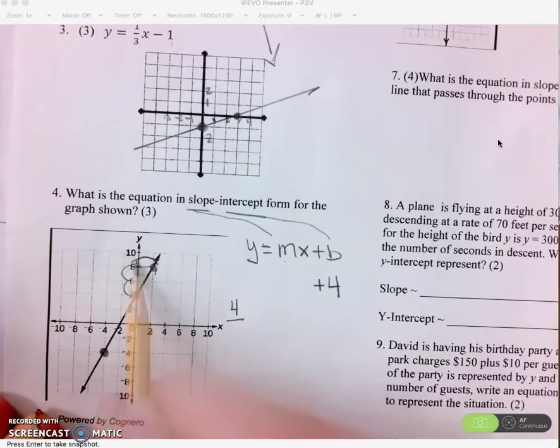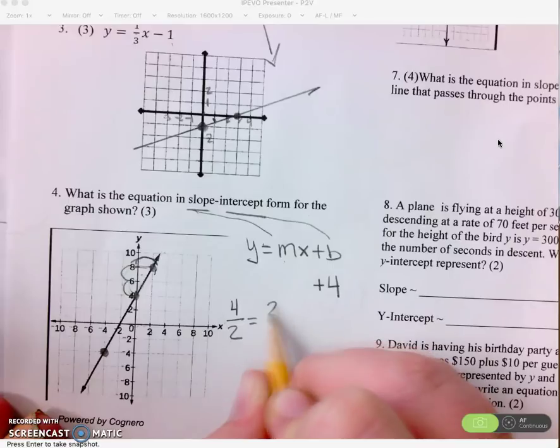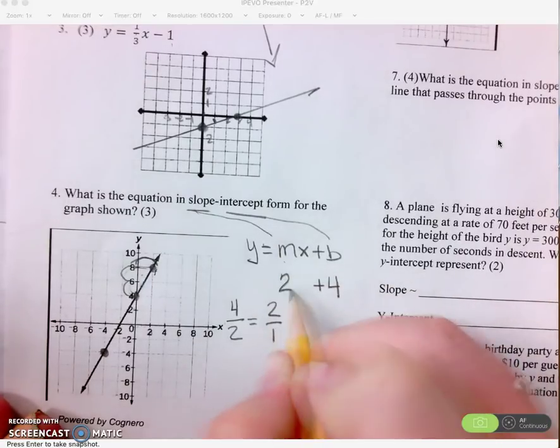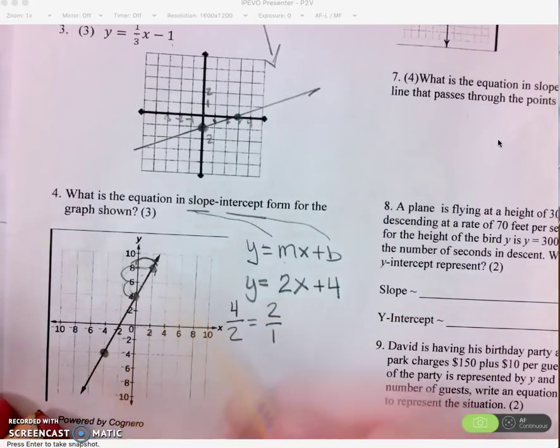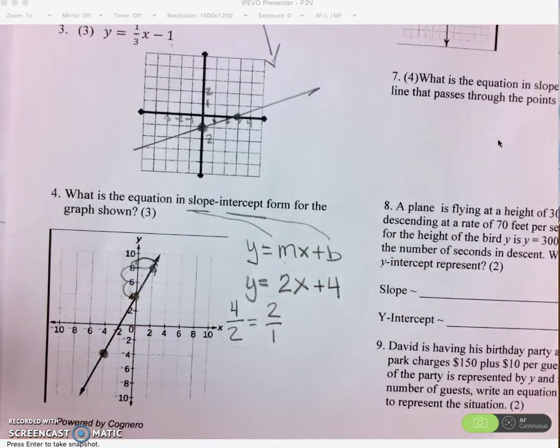That's going over 2. And this reduces down to 2 over 1, or 2. And I'm going to replace my m with that. So 2x. I have to remember that this is a positive slope. I am correct here. But if I had it going the other way, it would be a negative slope. That is actually coming up.